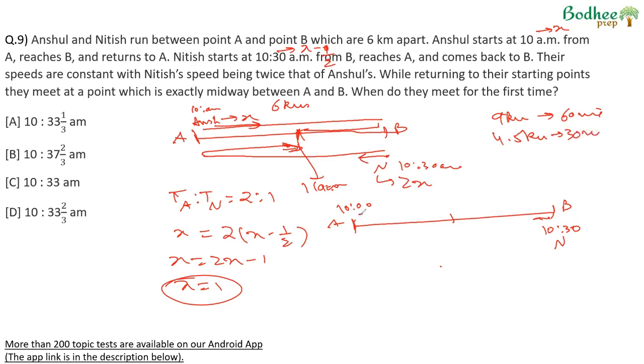And therefore, at 10:30, Anshul would have covered a distance of 4.5 kilometers, would be going towards B, and this is where Nitish will start running. The distance between them is 1.5 kilometers.